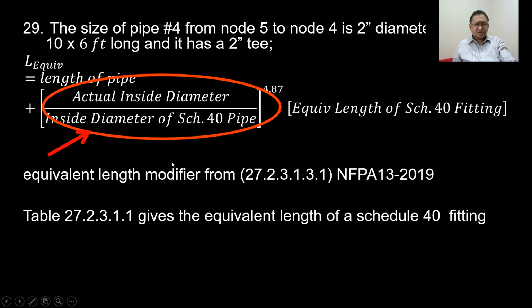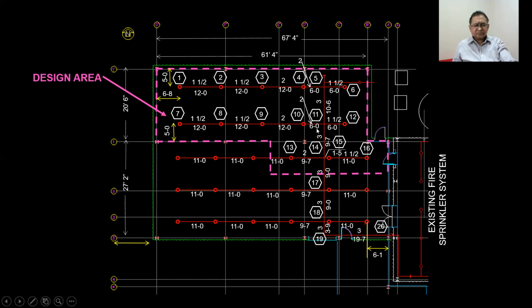So we use the equivalent length modifier from NFPA 13 here. So it gives us the equivalent length of a schedule 40 fitting that we will use for this expression here. Okay, so number 5, we have a T here.